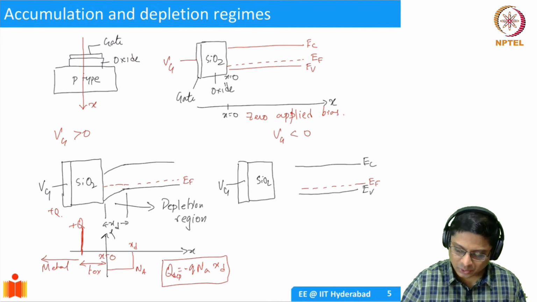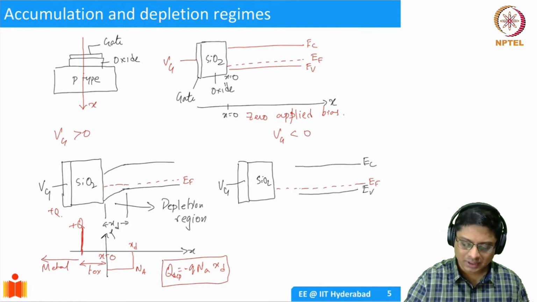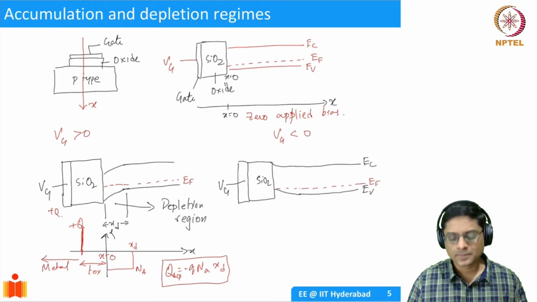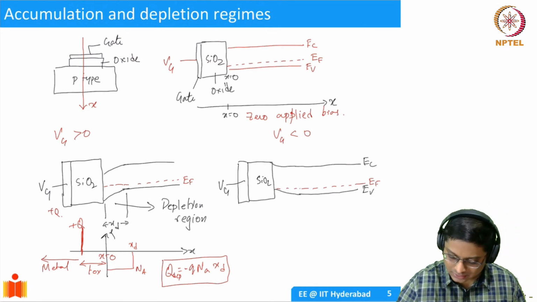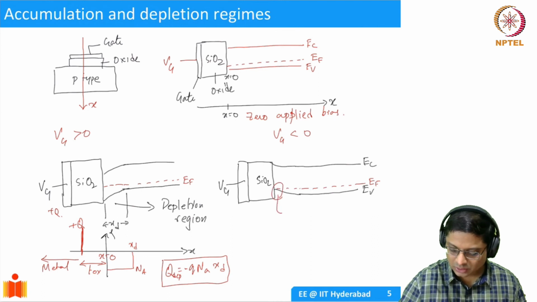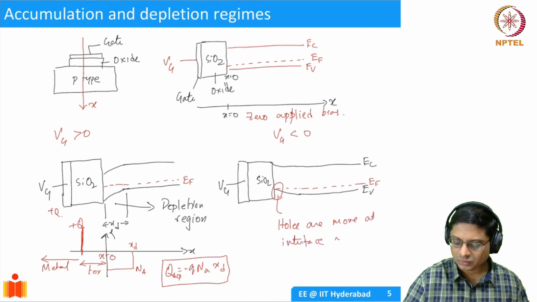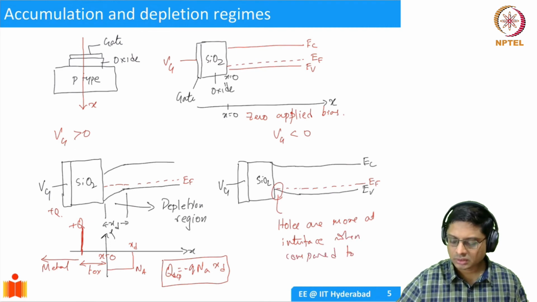How will you represent more holes at the interface? Well, the Fermi level is still the same since it's equilibrium. Now, the bands will bend upwards. This is indicating holes are more at the interface when compared to holes in the bulk.